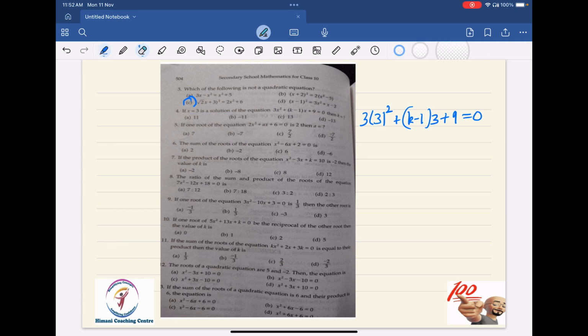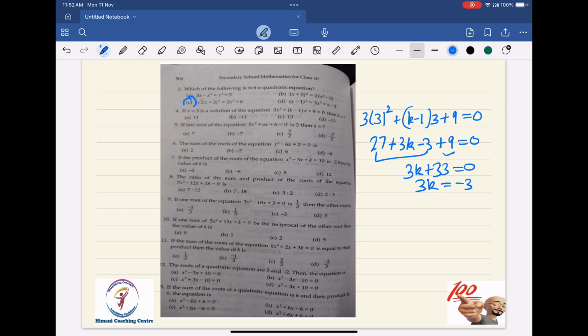So now we can simplify this. 3 into 9 is 27 plus 3k minus 3 plus 9 equals 0. You can see 27 minus 3 is 24 plus 9 is 33. So 3k plus 33 is equal to 0. 3k equals minus 33.